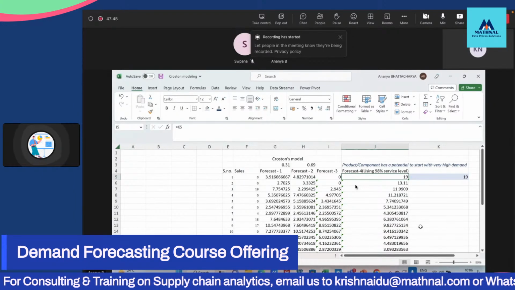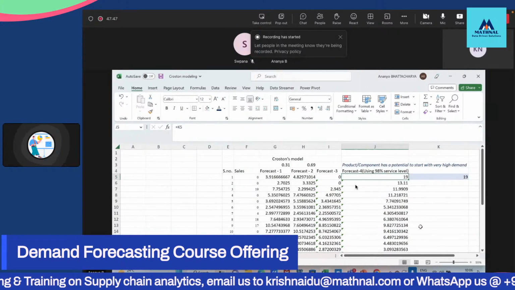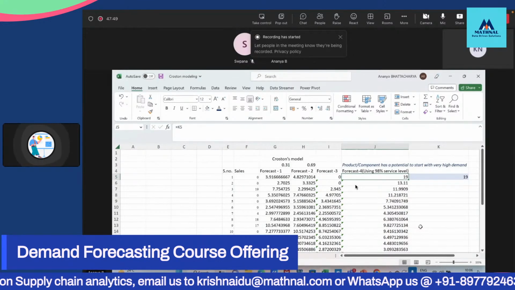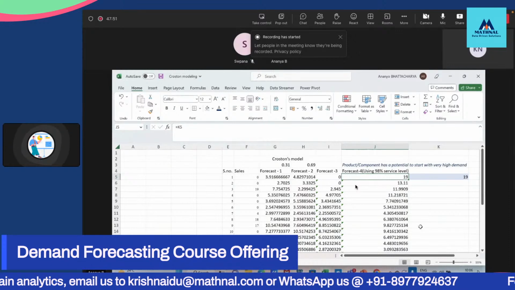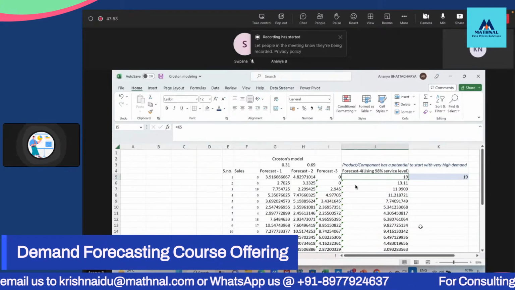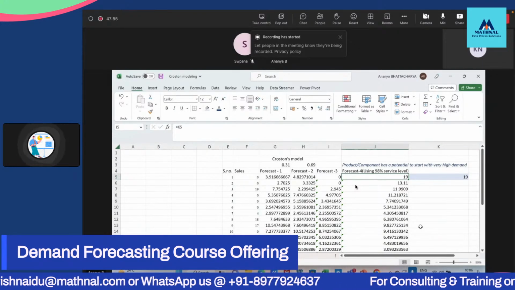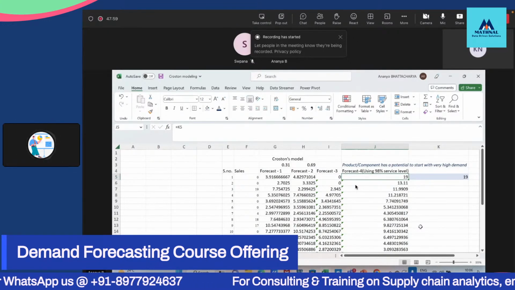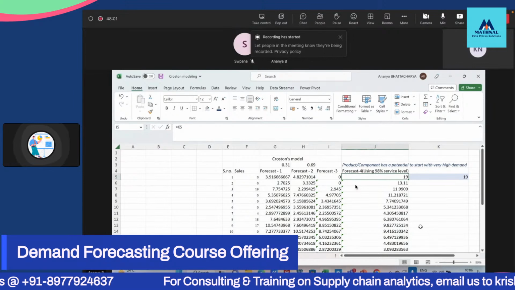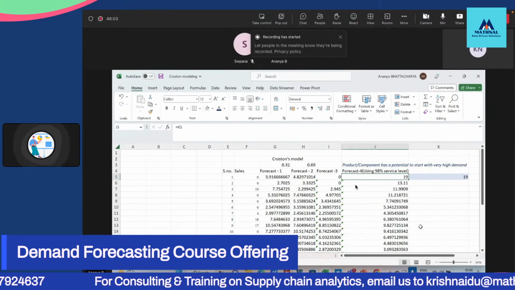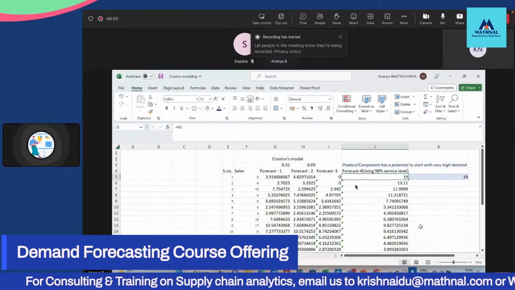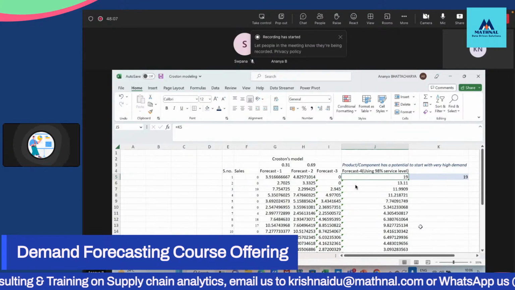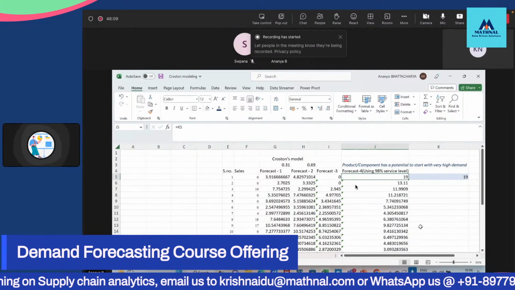So in the single exponential smoothing, always remember your first forecast will be a lever of your accuracy of the forecast. So you have to play with the first forecast using different kinds of approaches. We have taken three approaches in a statistical manner: we took the average, we took the median, we took the intercept.